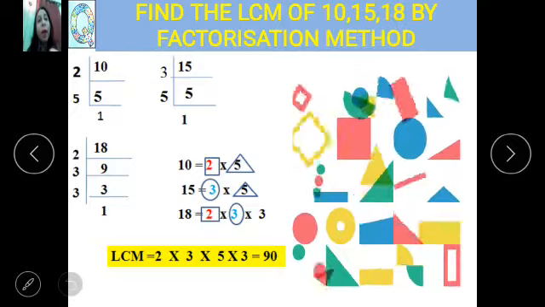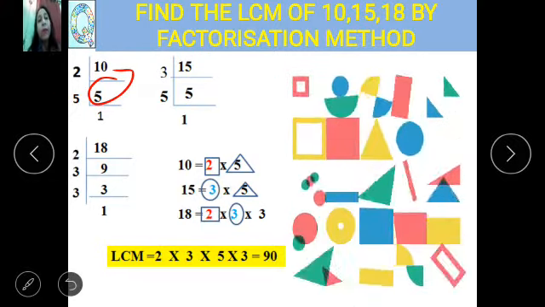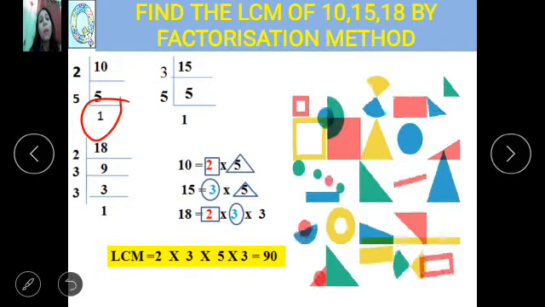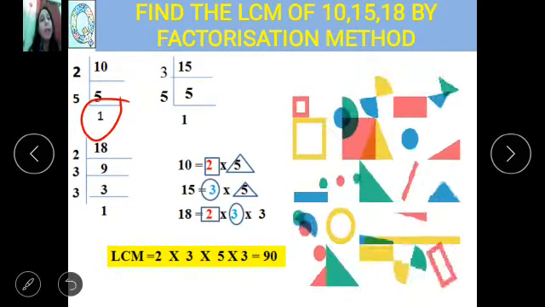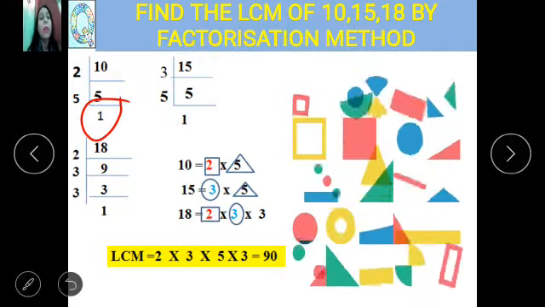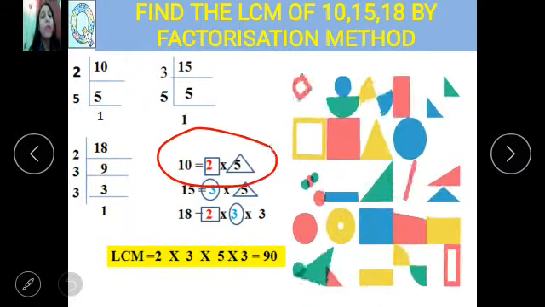I got 5. Then 5 is divided by 5, so we got 1. 5 ones are 5. Here the factors of 10 I have written as 2 into 5.